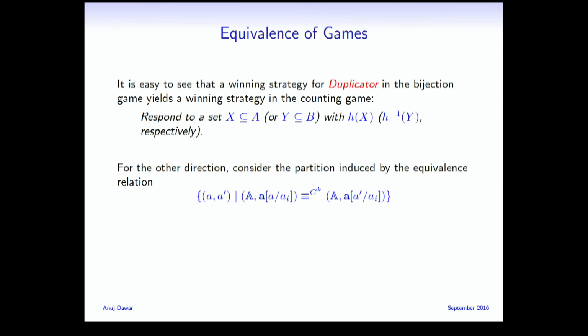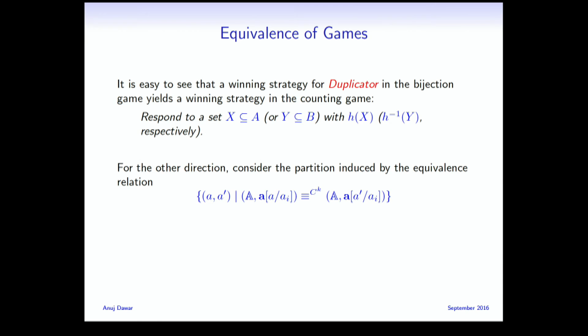You say that two elements are, sorry, something's missed with the I. How is the I quantified? No, okay. So the point is, I'm assuming Duplicator has a winning strategy in the counting game, and I want to show the winning strategy in the bijection game. So look at one move.